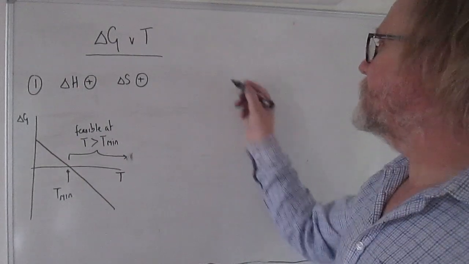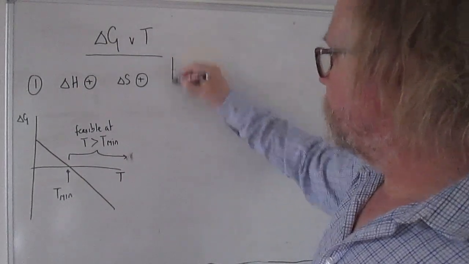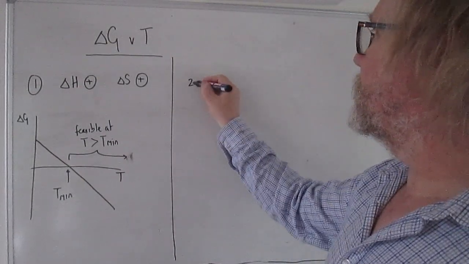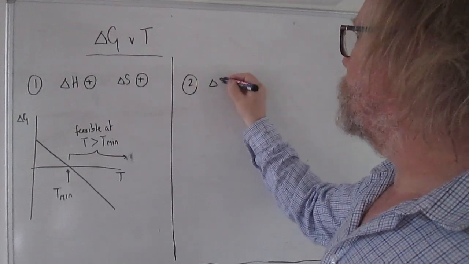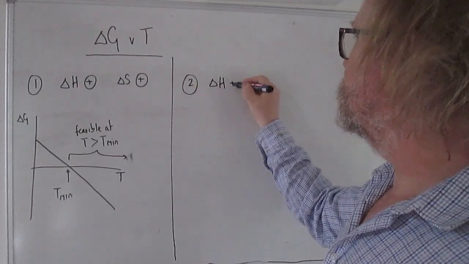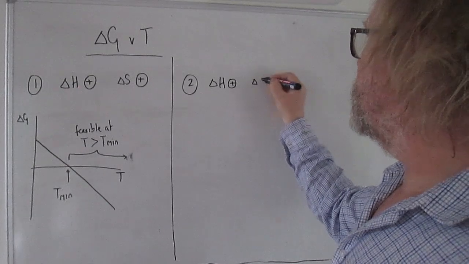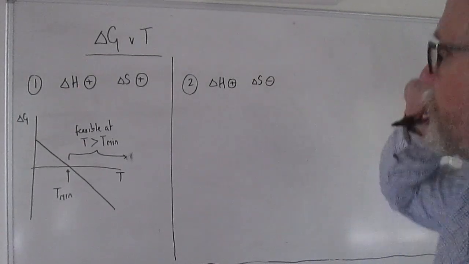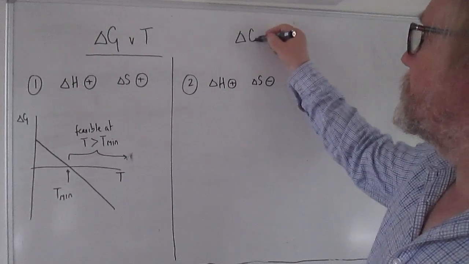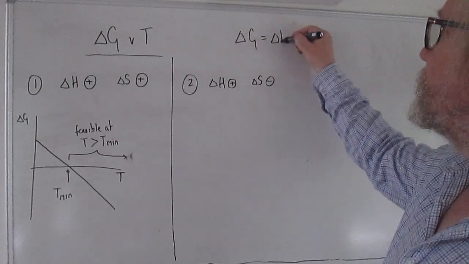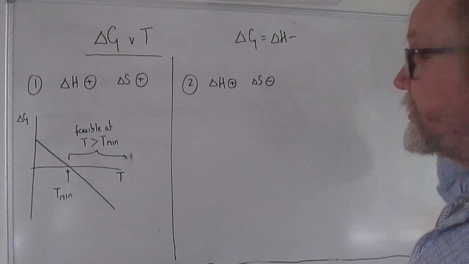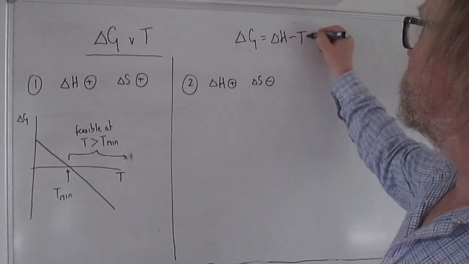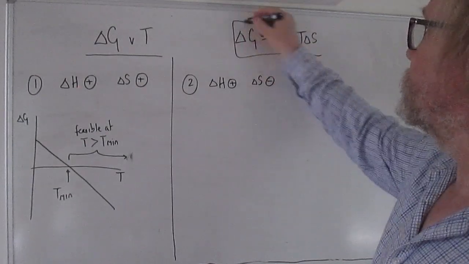So let's consider the other possibilities. So if we just draw a graph down, a line down there, let's consider what would happen if we had an endothermic reaction with a negative delta S. And again, what we do is do all our thinking in terms of the definition. So everything to do with free energy, you need constantly to be referring to the definition, which is that.